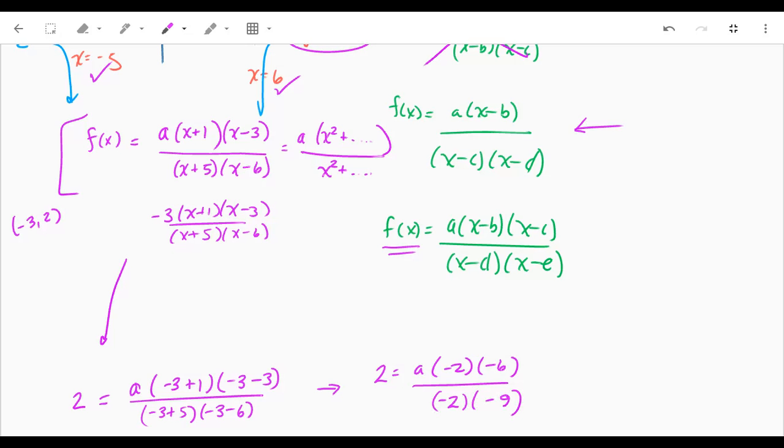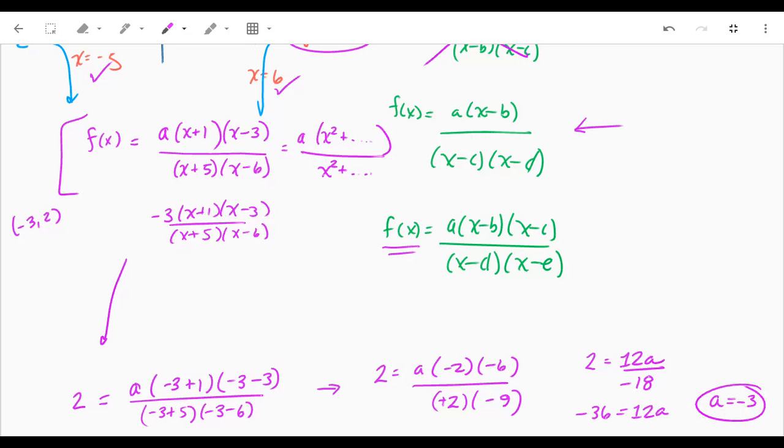So y is 2, x is -3. Oh, that'd be positive 2. Okay. So 2 would be 12a over -18. Okay, so cross multiply, -36 would equal 12a. So a would be -3.